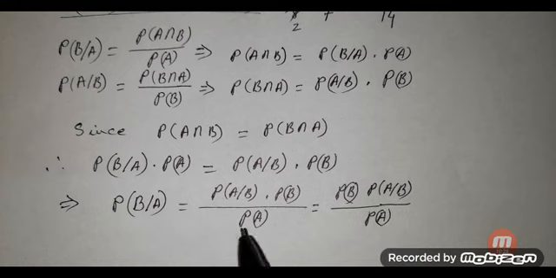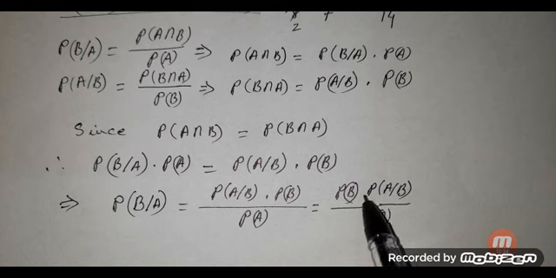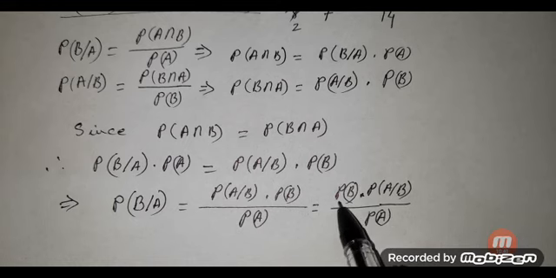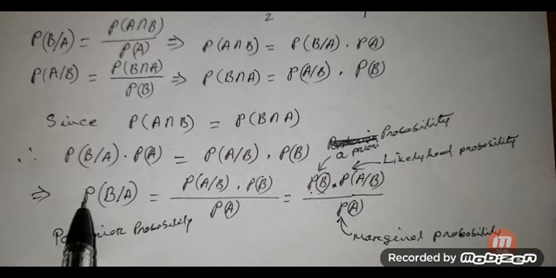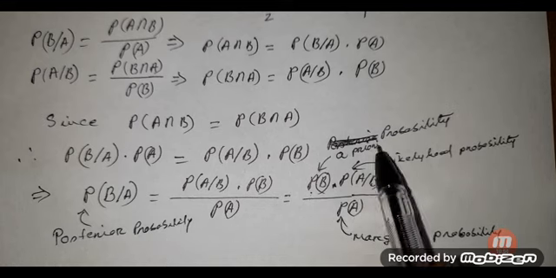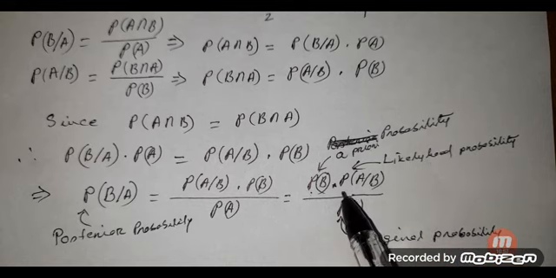See, Bayes Theorem states P of B given that A is equal to P of B multiplied by P of A given that B divided by P of A, where P of B given A is called the posterior probability, P of B is called the a priori probability, P of A given that B is called the likelihood probability, and P of A is called the marginal probability.